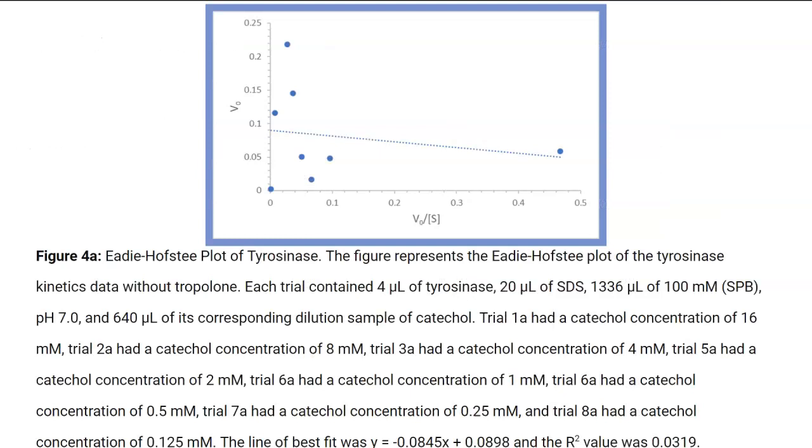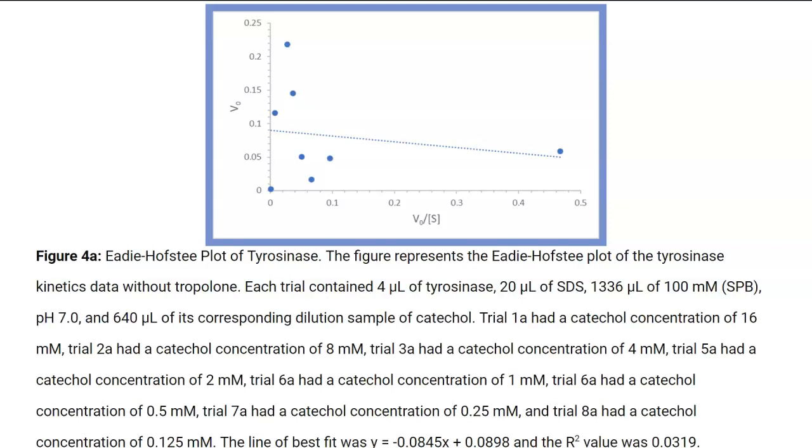This is the Eadie-Hofstee plot of tyrosinase. This is without the inhibitor. Each trial contained 4 microliters of tyrosinase, 20 microliters of SDS, and the rest was filled with the 100 millimolar sodium phosphate buffer pH 7.